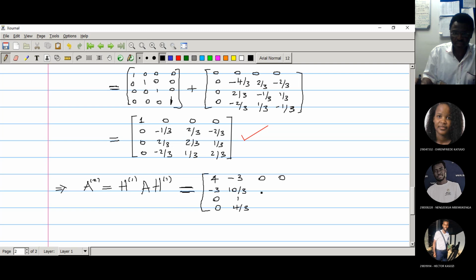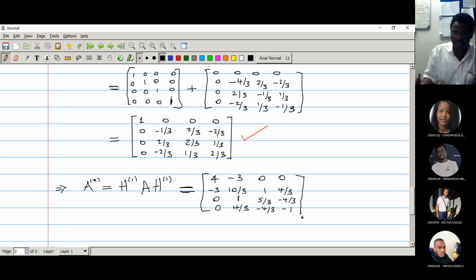And this diagonal element is 5 by 3. And this is -4 by 3. And then here you have 4 by 3, -4 by 3. And finally, -1. So you see that these entries have been 0, and that's what we wanted.